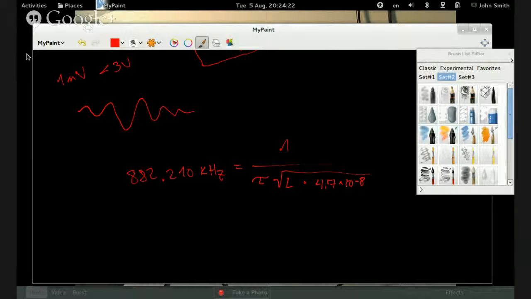What is that in real numbers? 6.9, let's round that up, 7. So L is 7 times 10 to the minus 7.